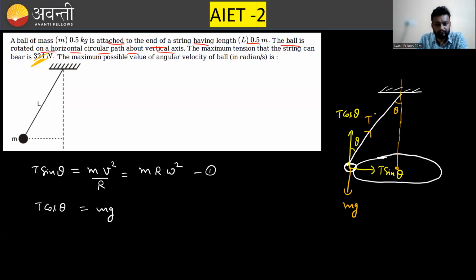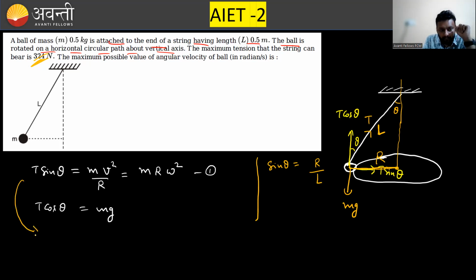Now, if I complete this triangle, this is a right angle triangle, in which this is the radius r, and this is the length of the string, given as L, which is 0.5. So can you calculate the value of sine theta? Sine theta is R over L.